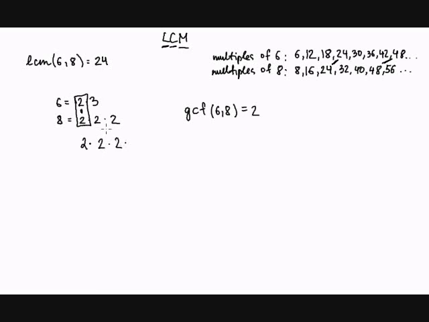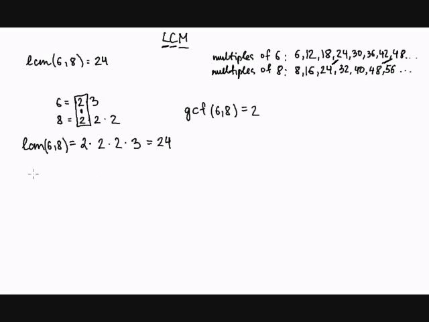So we have 2, this 2, and we have this 3. And we're going to multiply all those numbers. So 2 times 2 times 2 is 8, 8 times 3 is 24. So LCM of 6 and 8 is equal to 24.